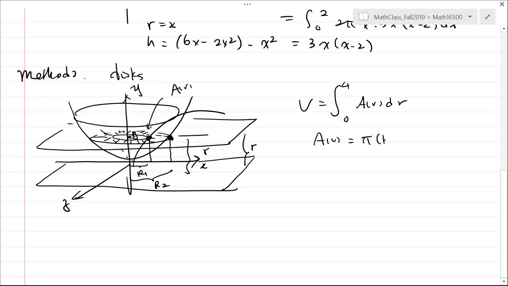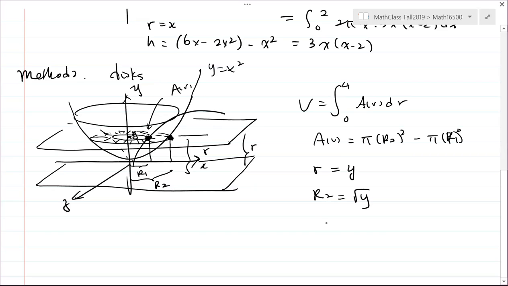So it's pi R2 squared minus pi R1 squared, because of the difference of these two disks. I need to figure out what R1 and R2 are for the fixed y. My r is just y, because of the y coordinate. R2 is easy. This is the graph y equals x squared. When y is fixed, R2 is going to be square root of y.